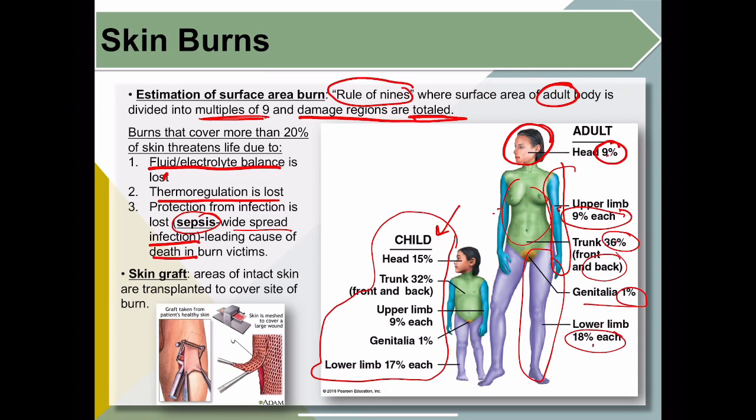That bigger piece can then cover large areas of burn or wound. Usually a piece of skin as small as a postage stamp can be smushed into a really big piece of dressing that we can put on top of the wound.